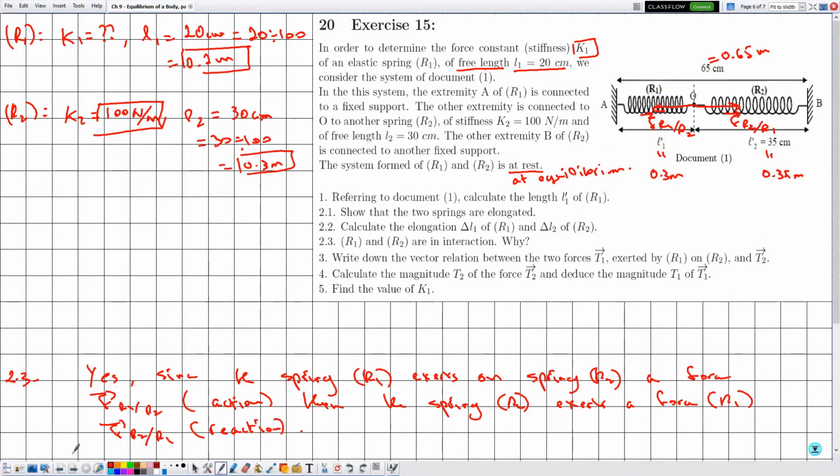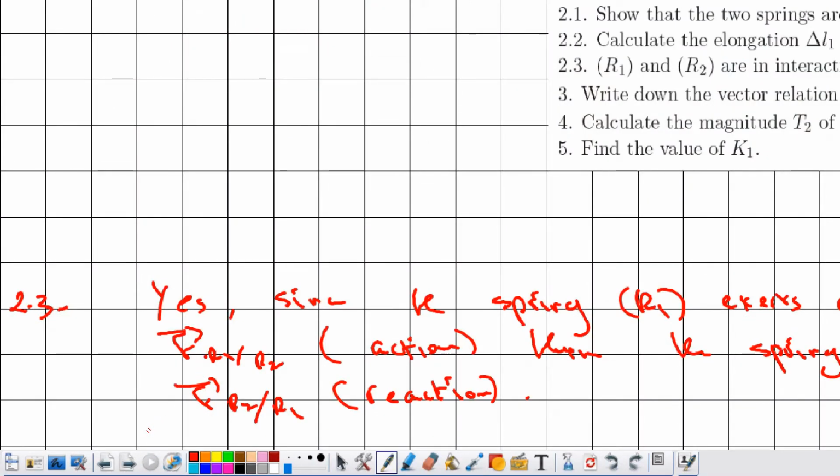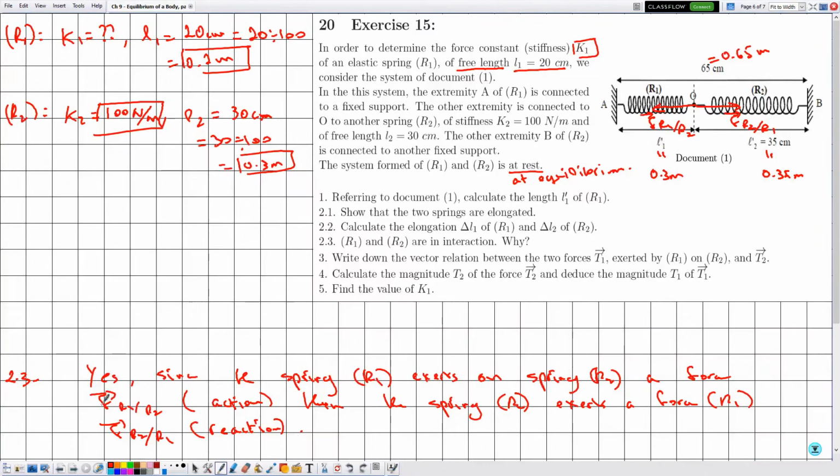So in this case, no need to refer anymore to the forces F R1 on R2 or R2 on R1. Simply we can refer to them as the tension T1 or the tension T2. Here we don't think about the condition of equilibrium because we are talking about the principle of interaction. So we think about the vector relation due to the principle of interaction.